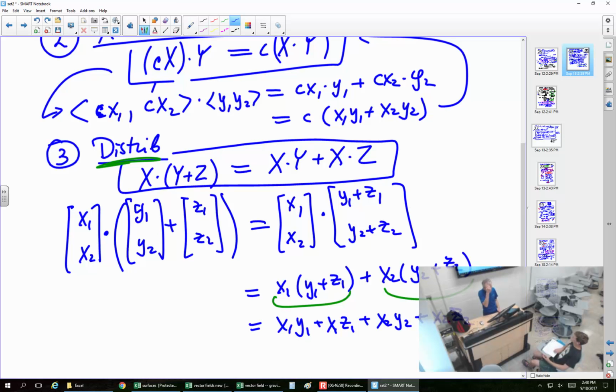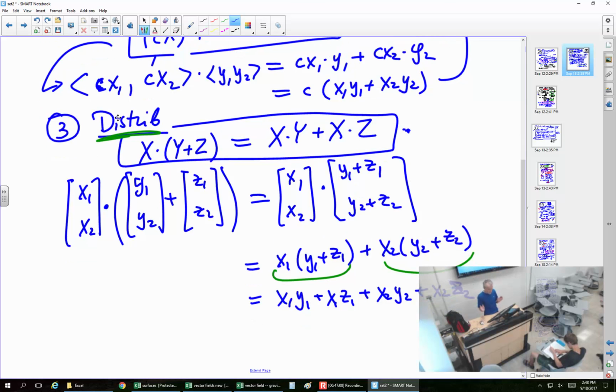Okay, so we have distributed it, and now we've got to work our way back to the other side by reassembling. We have to combine these terms appropriately, and if you look at it carefully, we have to combine the y's and the z's separately. So let me circle these. These contain y's, and these contain z's. And I recognize these.